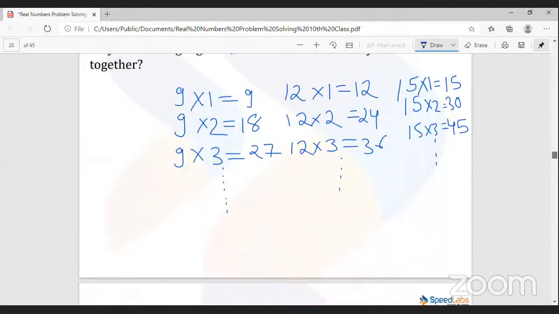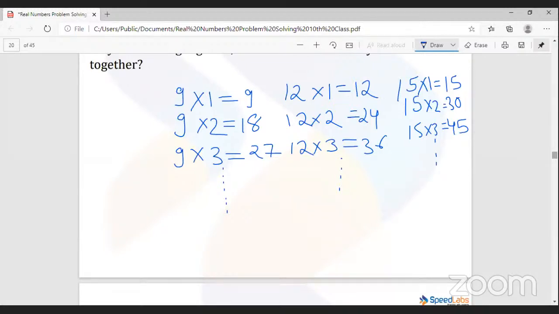Ma'am, here we can simply find the LCM, right? Yes, you can simply find the LCM, but some people find it difficult to determine whether we have to find LCM or HCF. That is why I'm explaining these steps.